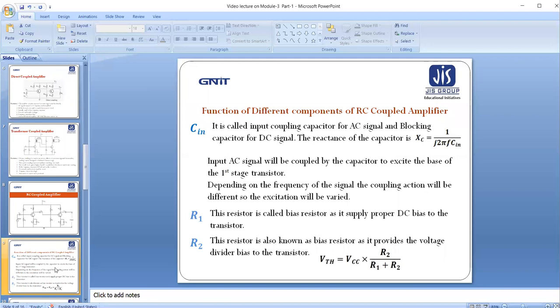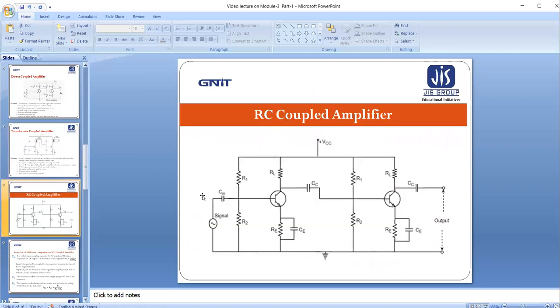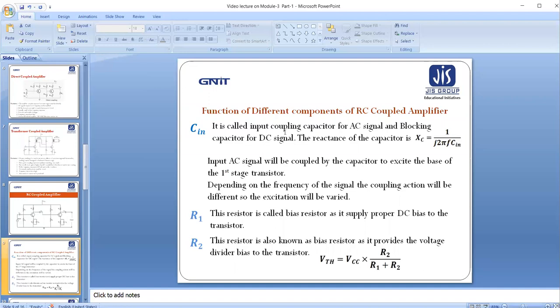Now, the function of different components of the RC coupled amplifier. First, we look into C-in, this capacitor. C-in is called the input coupling capacitor for the AC signal and the blocking capacitor for the DC signal, because the capacitive reactance XC is written as 1 by j 2 pi F C-in.